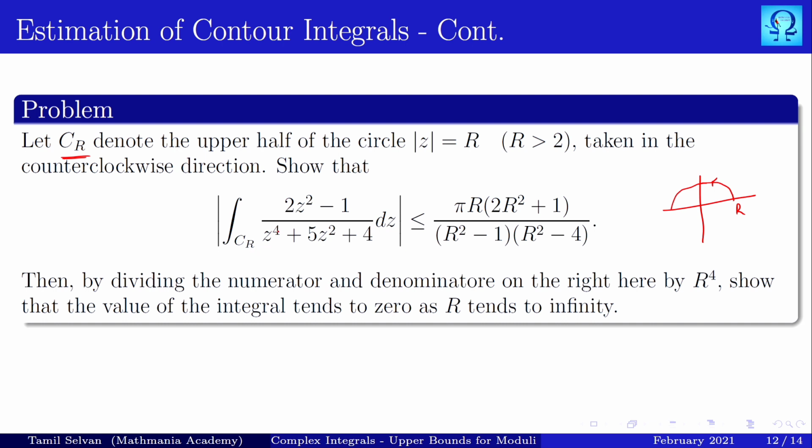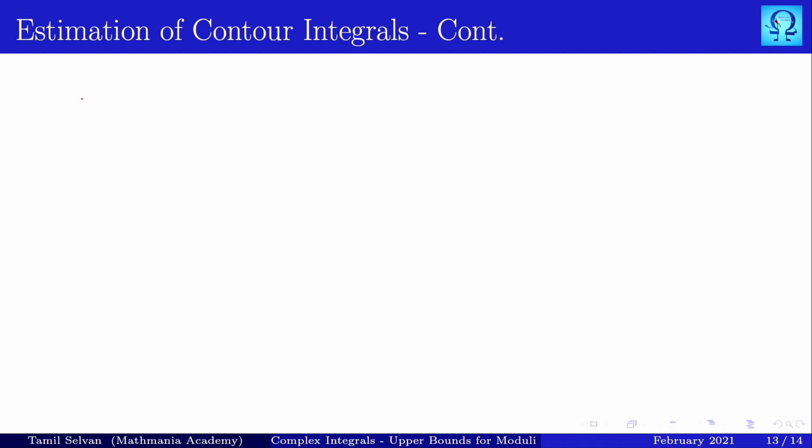Now we'll have to show that this happens. After showing that, we'll have to divide the numerator and denominator by r to the power 4, and then we'll have to show this goes to 0 as r goes to infinity.